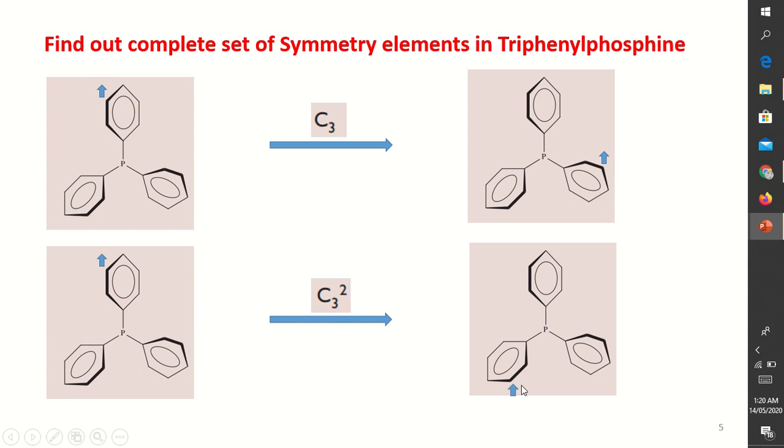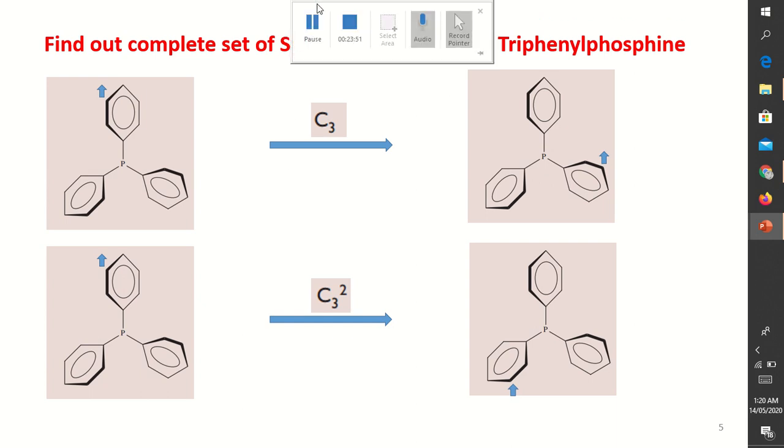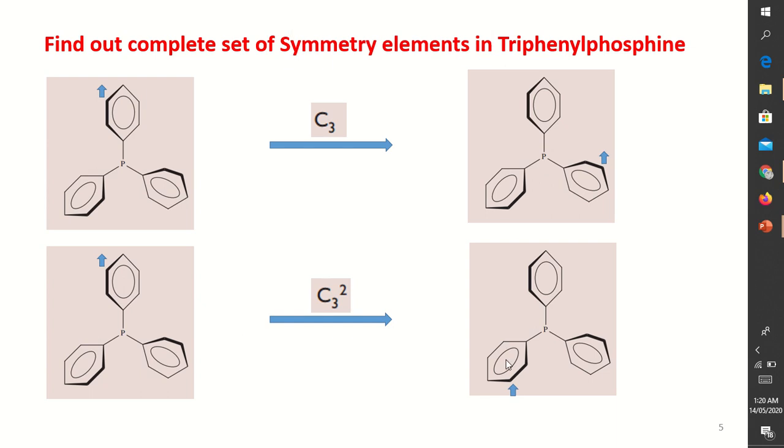So what will happen if we apply C3 a third time? What happens if we apply C3 three times? We apply C3 again. One of the phenyl groups will definitely replace this phenyl group, and this arrow will join the place here. So this would be equal to identity.